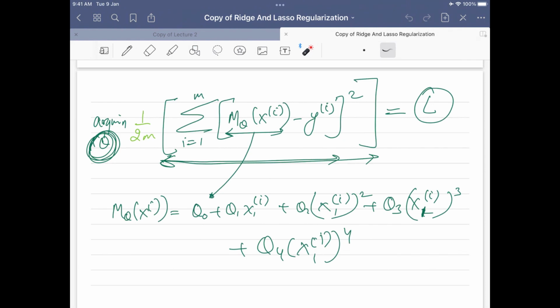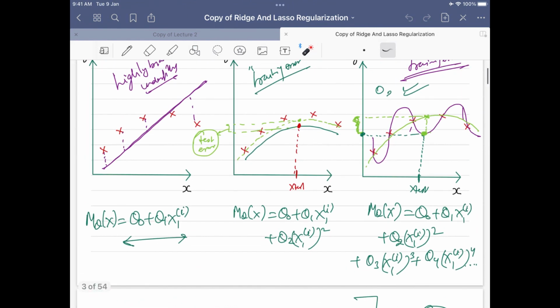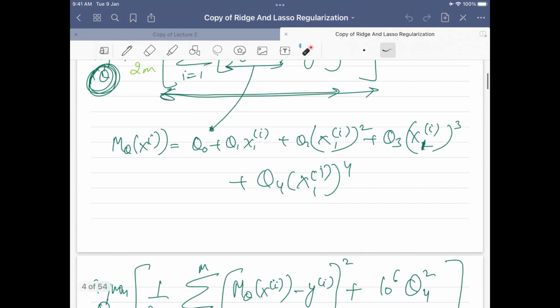To incorporate the nonlinearity, because the data set is nonlinear, what you have done is repeat this feature vector 1 by taking its square, its cube, and its fourth power. You have done this by observing the data itself, and what you have seen is the data is nonlinear. So let us fit a polynomial of degree 4 and see what kind of results we get. So we are assuming this as our model.